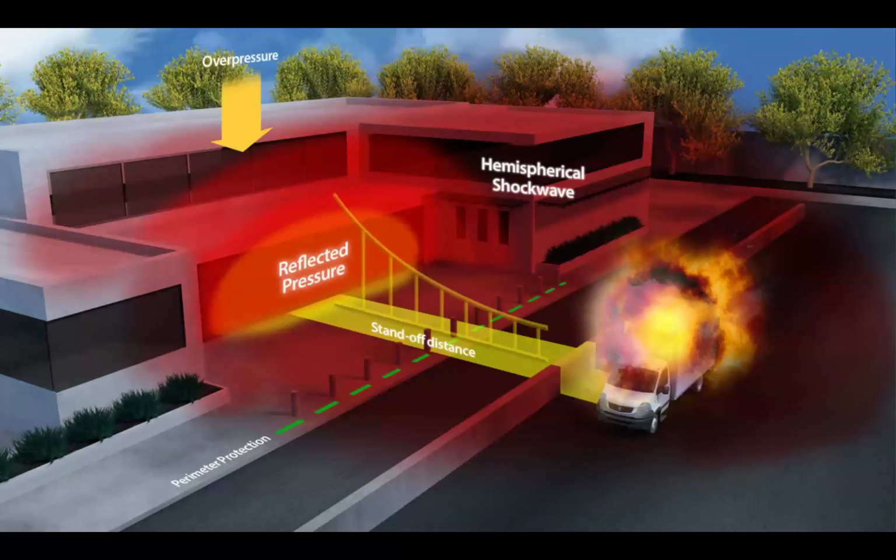So on this image here, as you can see, the standoff distance is essentially what we talked about, from the initial explosion to the surface of the building, because I remind everybody, your buildings are living, breathing organisms. They move, they shift, they crack, they settle in their foundation, they expand in some cases. Anytime you open a door and walk into another room, you hear the ceiling tiles lift.